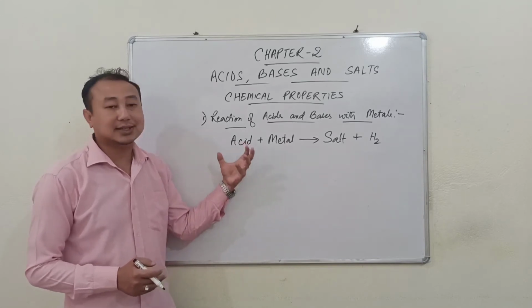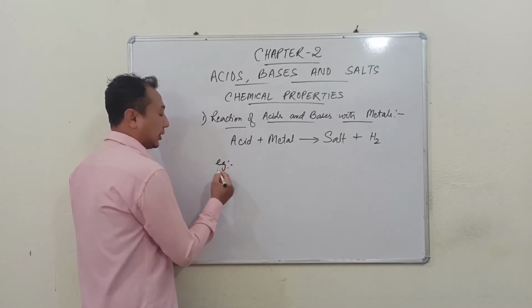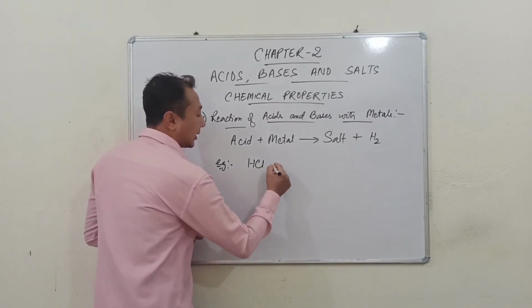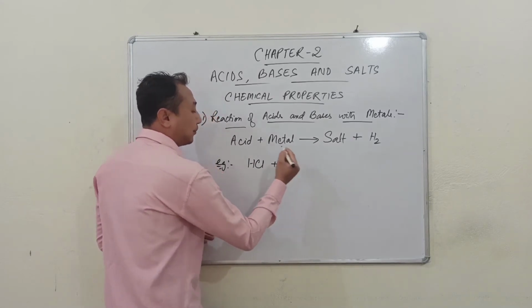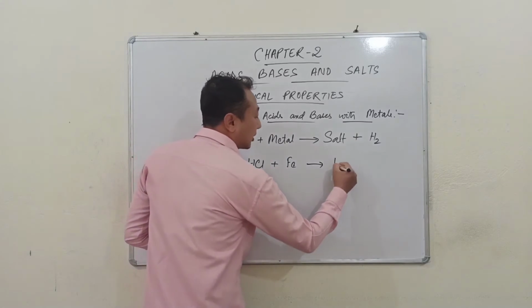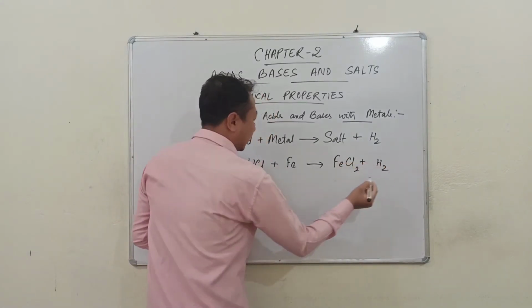Now, let us discuss this by taking an example. Here, let's take hydrochloric acid and a metal, iron. When hydrochloric acid reacts with iron, it forms iron chloride and hydrogen gas.